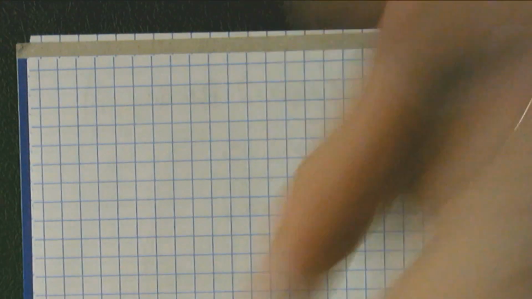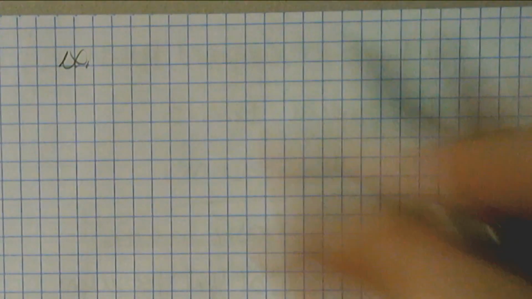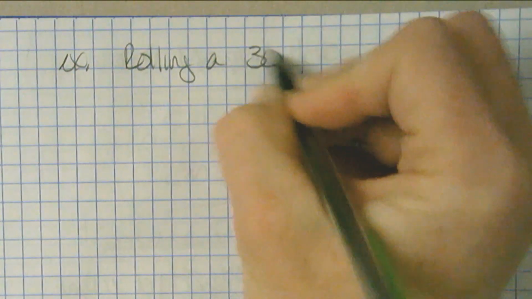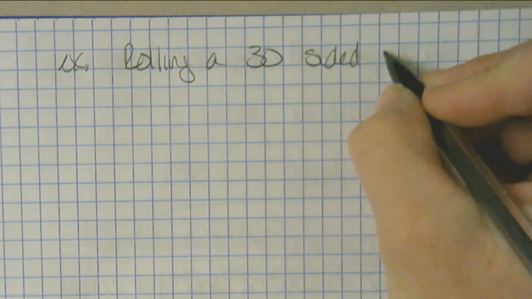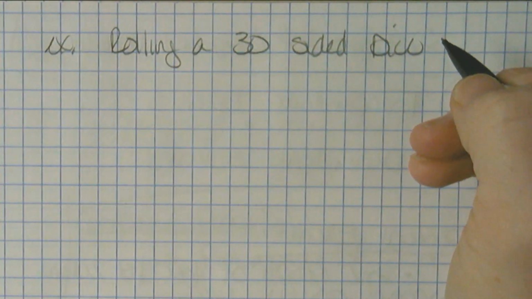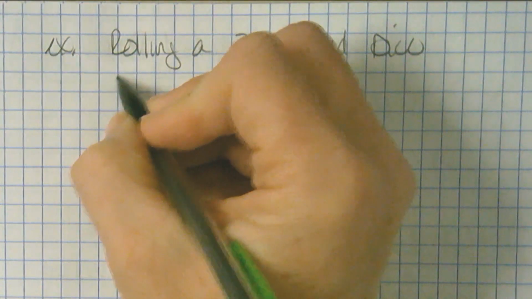Thank you. All right, so here is my example. We are rolling a 30-sided dice. I used to have one, but it got stolen. We're rolling a 30-sided dice 2 times.